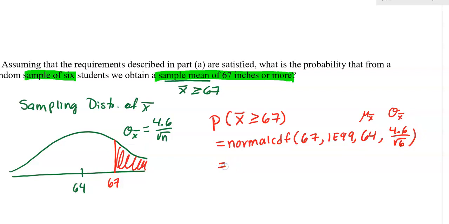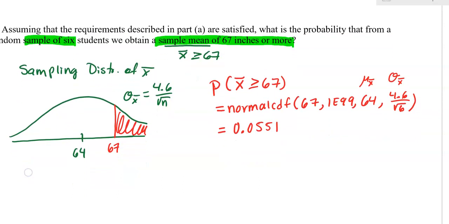So then we type this into the calculator, and in the calculator, you'll be able to type in the whole 4.6 divided by the square root of 6 in the place of the standard deviation. So we should be fine. And you're going to obtain 0.0551.